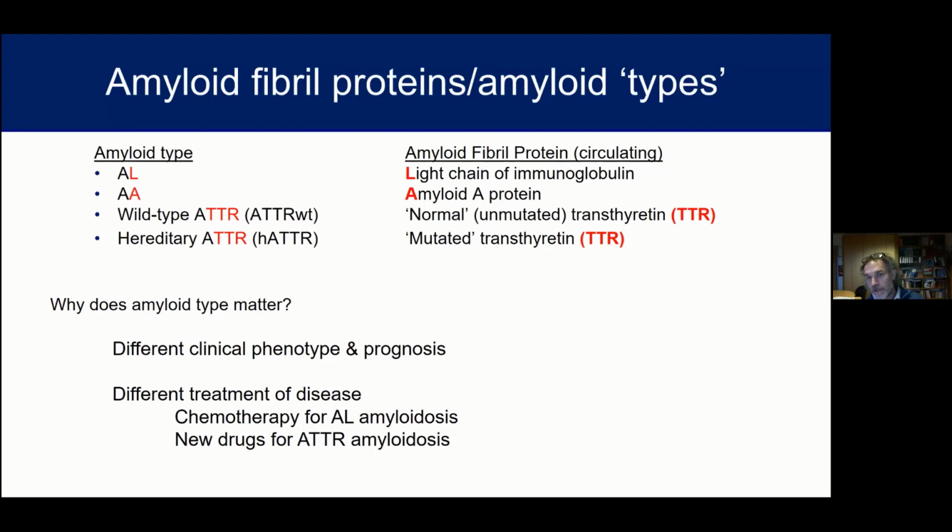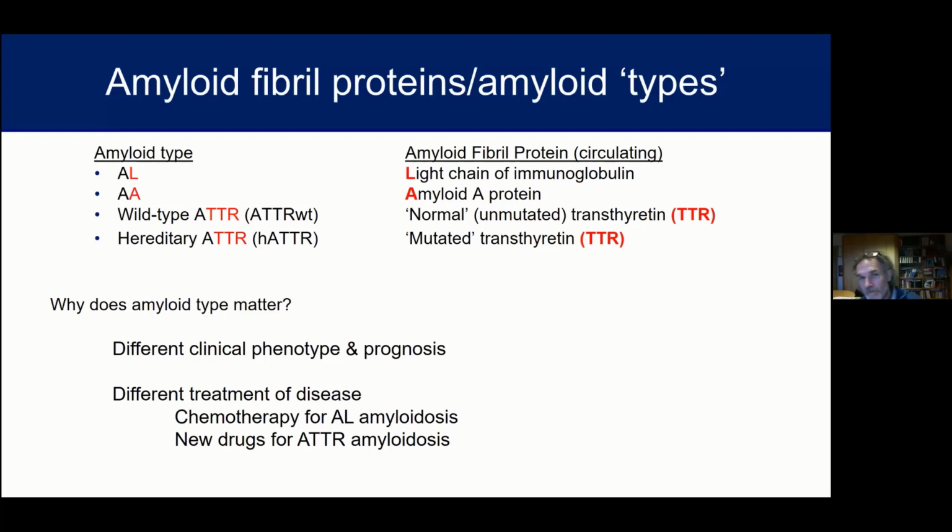And then transthyretin amyloidosis, or ATTR amyloidosis, the protein is either normal or, if you like, unmutated transthyretin in wild-type ATTR amyloidosis, or in hereditary ATTR amyloidosis, the amyloid fibril protein is mutated or variant transthyretin.